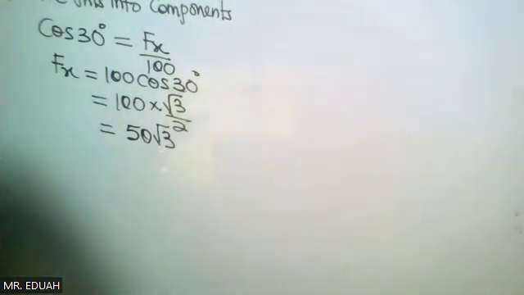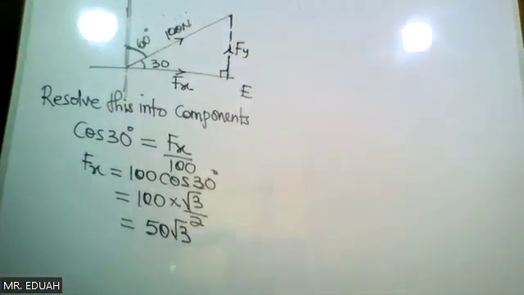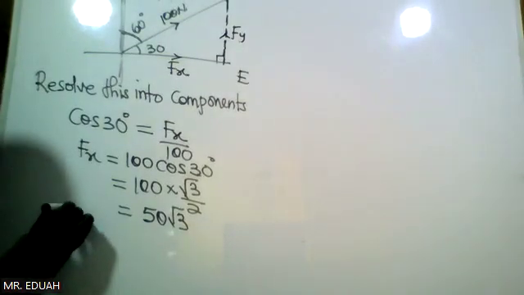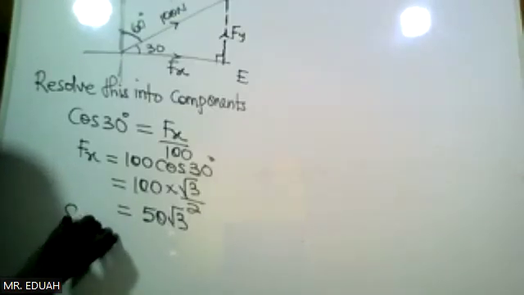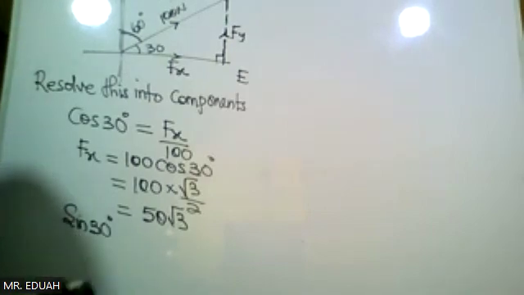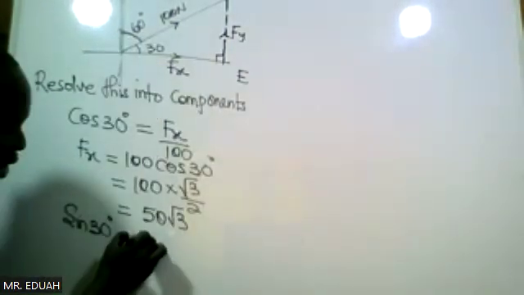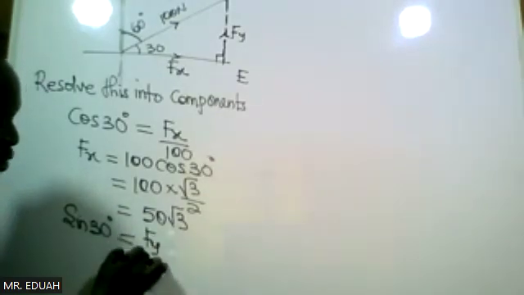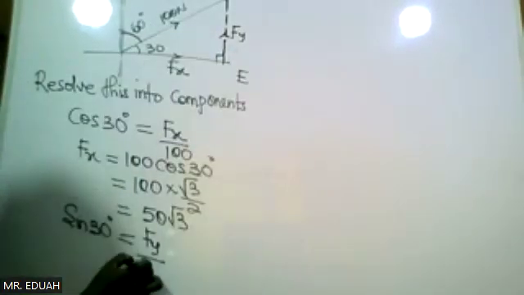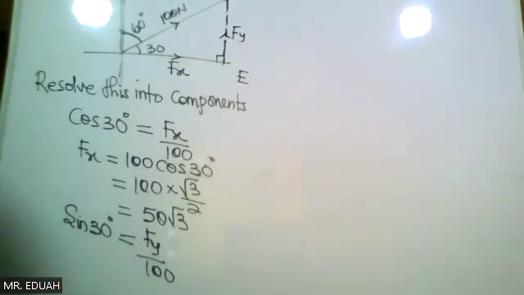Let's come to vertical. I must use the appropriate trig ratio, which is sine. So sine 30 would be equal to the vertical component, which is Fy, over the hypotenuse, which is 100.